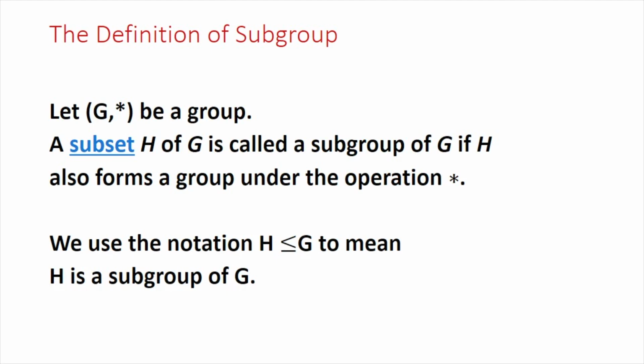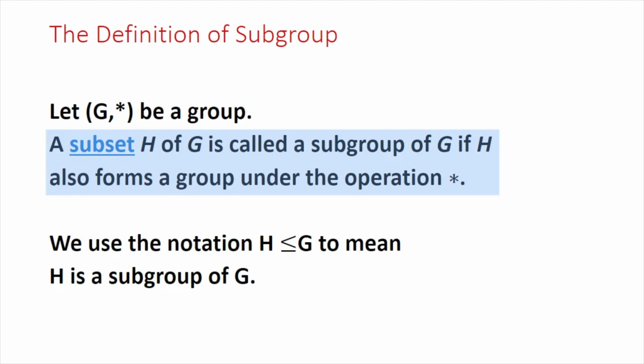This situation arises so often that we introduce a special term to describe it, called a subgroup of a group. Let us see the definition of subgroup. Let G be a group under multiplication.